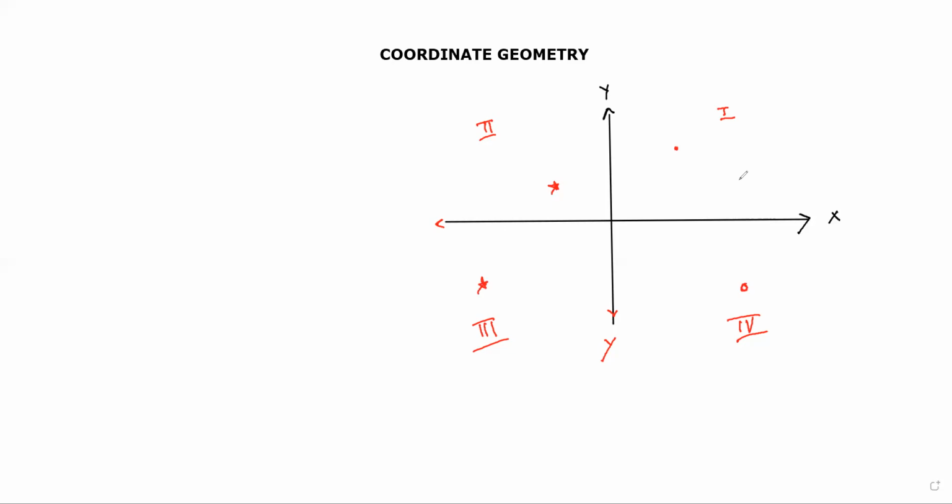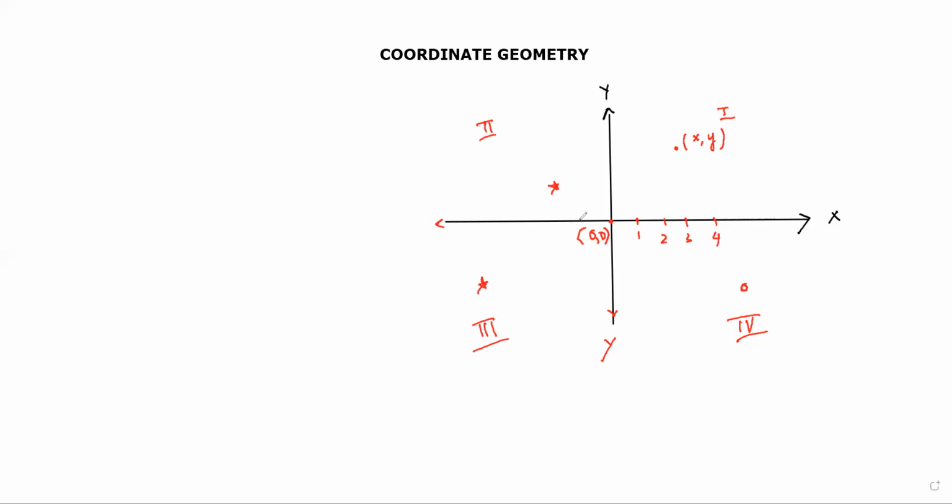Let's understand how. For example, in this first quadrant, the coordinates will be, say, x comma y. All the coordinates are represented by 2 numbers, x and y. What is x and what is y? X is nothing but the distance from the origin, which is represented by 0, 0. If you remember the number line, we represent it from the starting point. When we move right, we give positive numbers 1, 2, 3, and so forth.